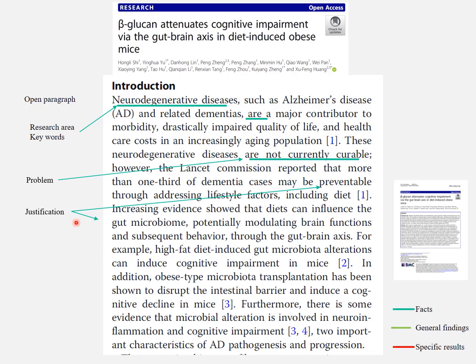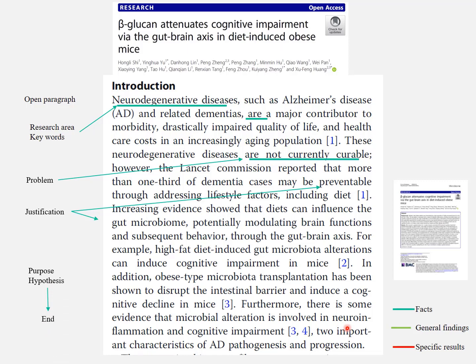Here's your justification. Now you're talking about the evidence of other people's work about the gut microbiome, gut-brain axis, etc. So gradually lead to the justification to the topic, what do you want to do? Actually, this should finally become the dietary fiber beta-glucan on cognitive function.